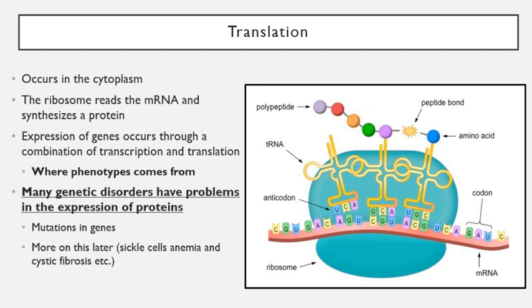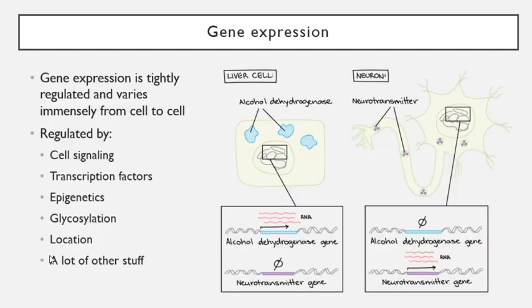And so that's where the genetic disorders originate, because you can't express proteins in a correct manner, right? And so we'll talk about sickle cell anemia and cystic fibrosis as two examples of where genetic mutations that are inherited from the parent are the problem, and that's what causes these diseases.